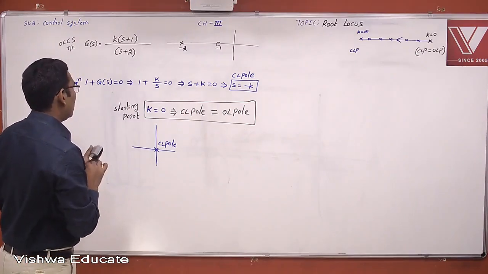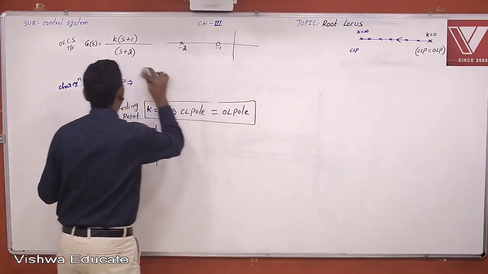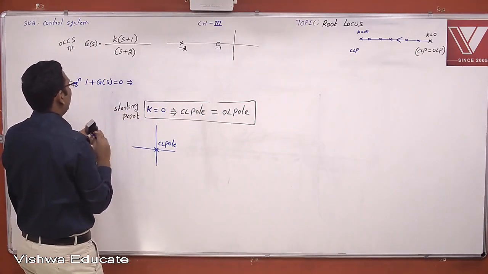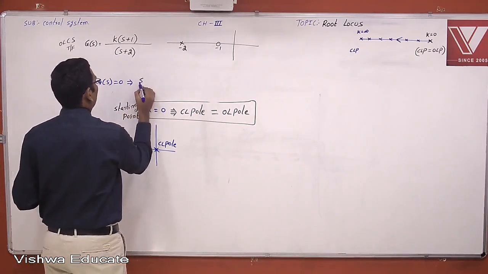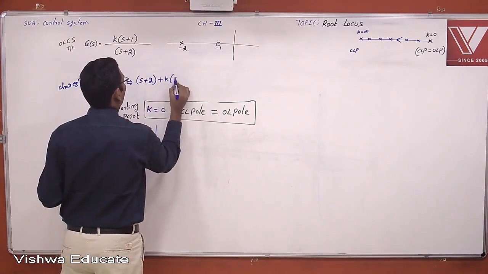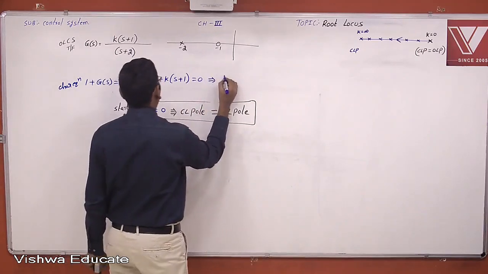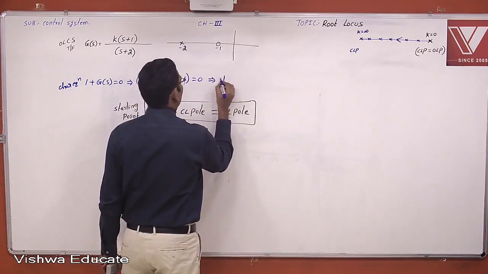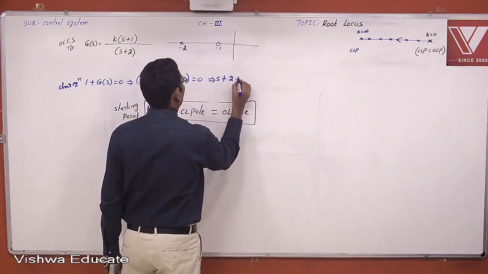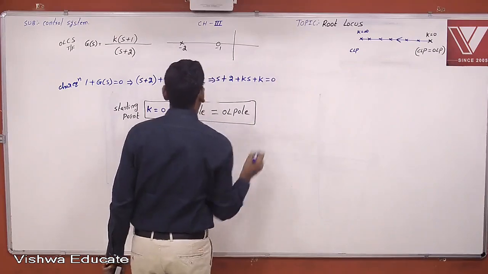Now the characteristic equation is 1 plus G of s equals 0. So s plus 2 plus k into s plus 1 equal to 0. Therefore, s plus 2 plus ks plus k equal to 0.